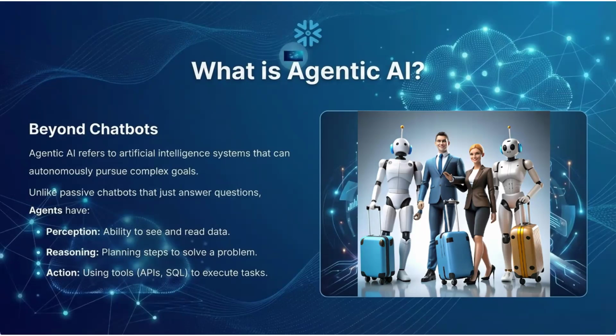A chatbot cannot plan the steps to resolve an issue, but an agent can do that. It can think about what the solution approach is and what action to be taken.